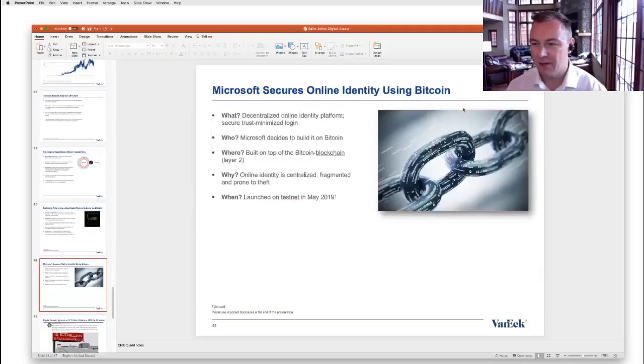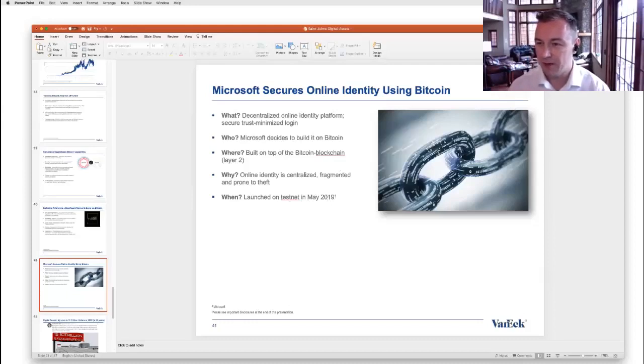PayPal just announced that they are going to work with Paxos to offer crypto trading to their clientele, literally billions of people. Microsoft announced mid to late last year that they're launching a test net for a decentralized identity platform.